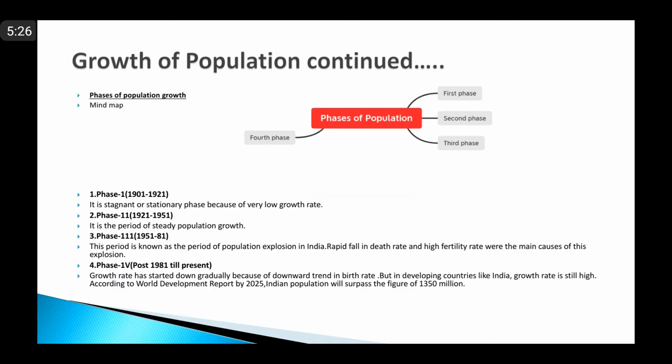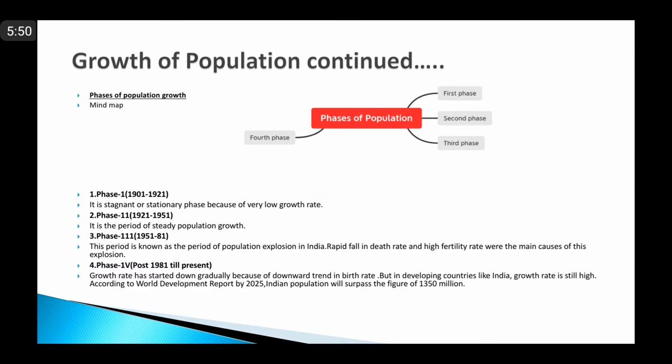Now the third phase was 1951 to 1981, and that was the rapid growth phase. During this period, a high growth rate caused the population of India to double within 3 decades. You know what that is, children?